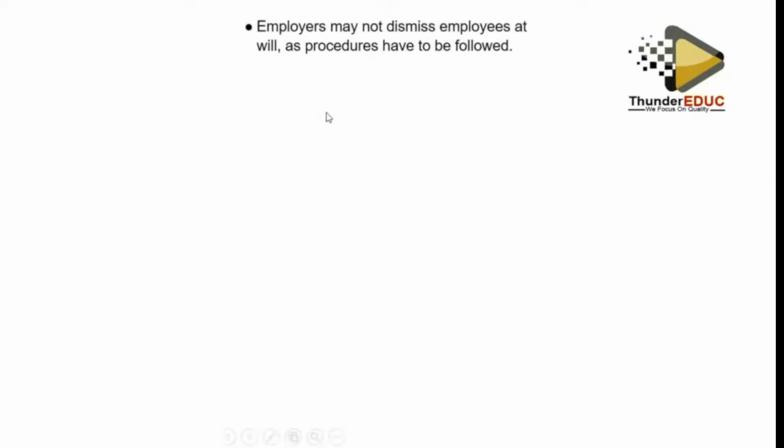There are some procedures to be followed. Even though as a person you see that you can't allow this person to work for your business anymore, you can't fire that person. We have to follow what? We have to follow the guidelines that are portrayed in this Labor Relations Act.